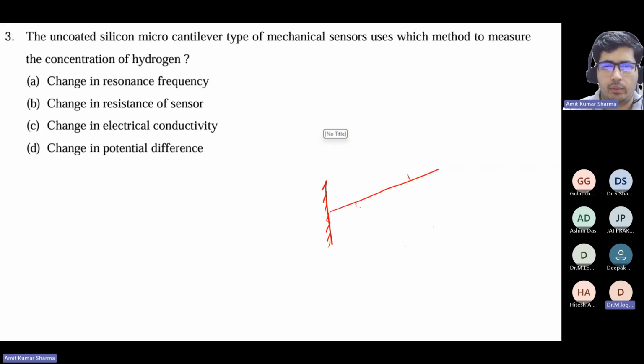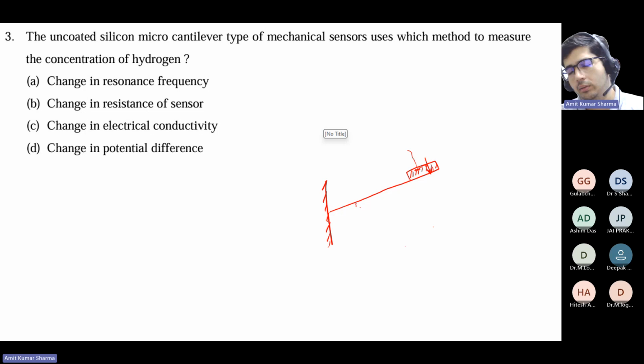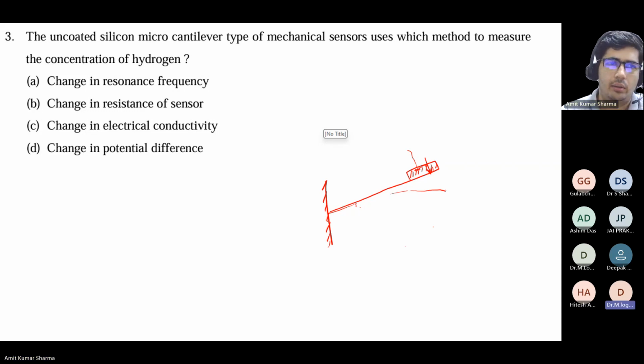Here you are coating with a material, and if hydrogen gas is there, it will come here and get absorbed, and it will increase the mass. This end will act as a loading, there will be some stress, and due to that it will bend. Then there will be some resonance frequency, so based on that you can measure the concentration.